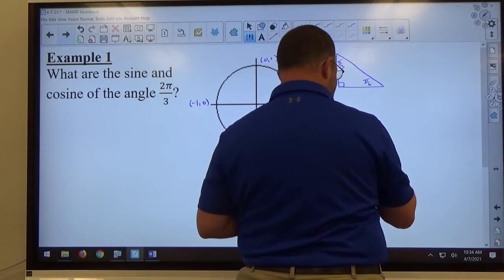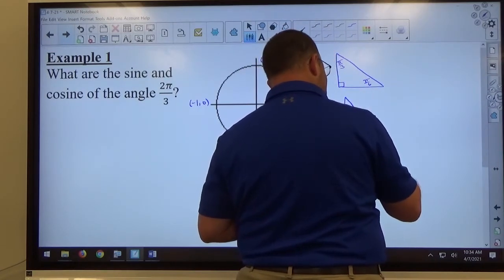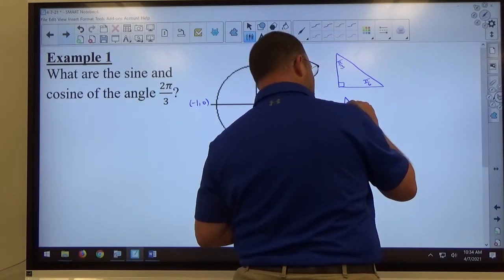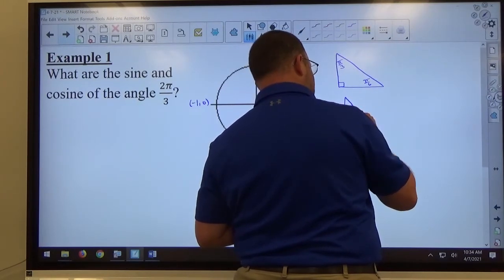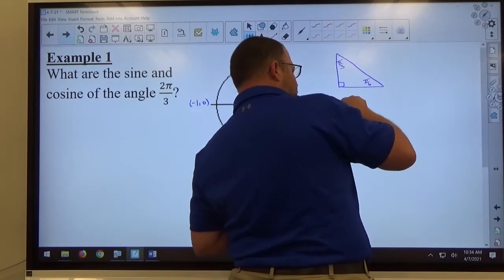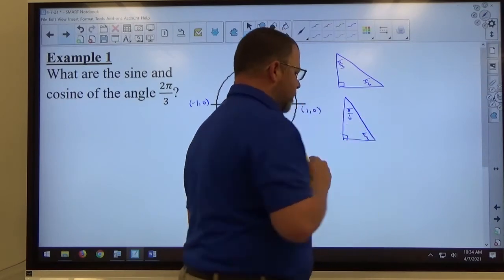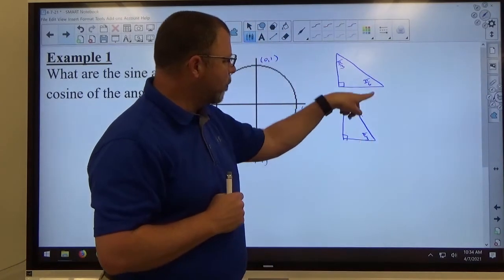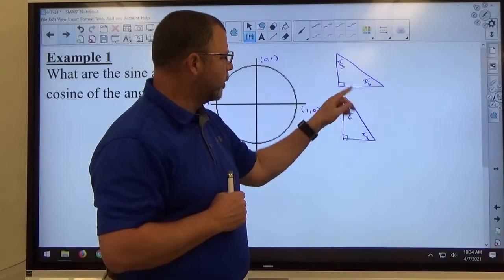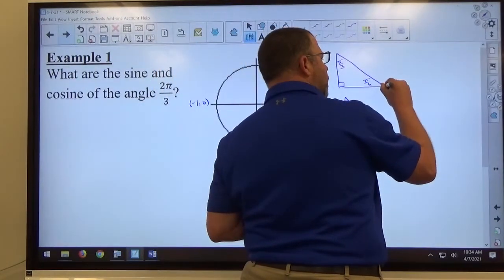Or I have a 60-degree angle, which is pi over 3, a 30-degree angle, which is pi over 6, and a right angle. So what changes is the up and down, the left and right, as far as what's what. Either a 60-degree angle is in the corner, or a 30-degree angle is in the corner here, and the other angle is up there. I want this point to be considered the origin.